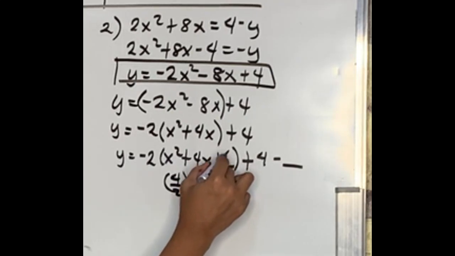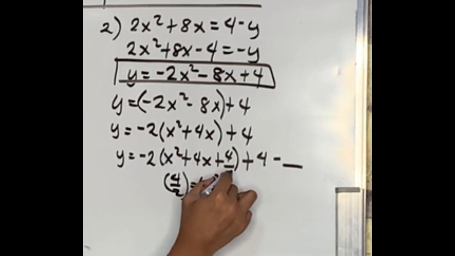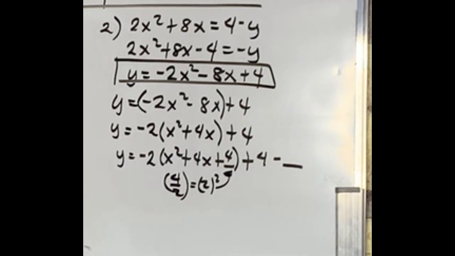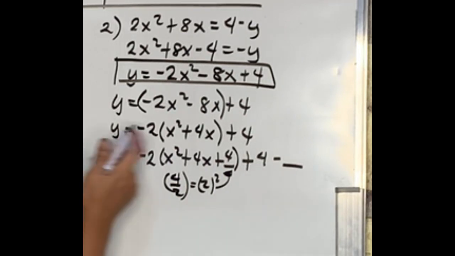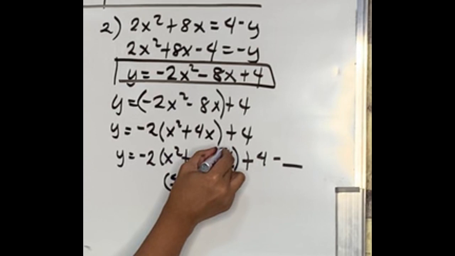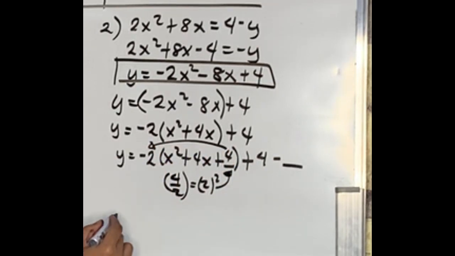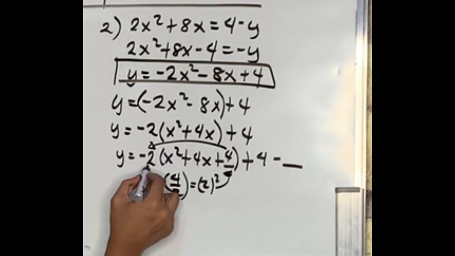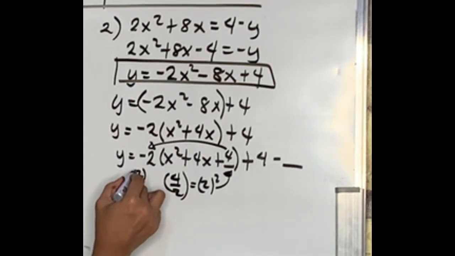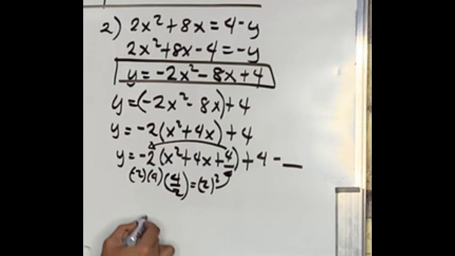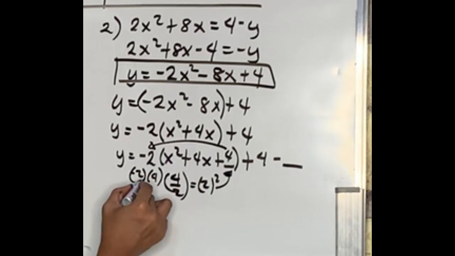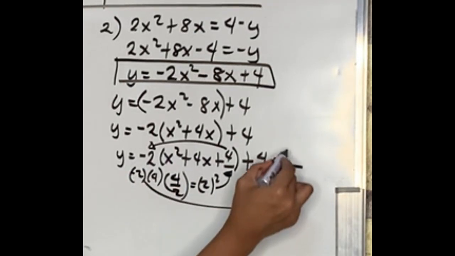Square it, you will get 4. Write on the first blank, the blank inside the parentheses. And then, multiply 4 to the coefficient of our group. So you will be having negative 2 times 4. You will be having negative 8. And write it on the second blank.